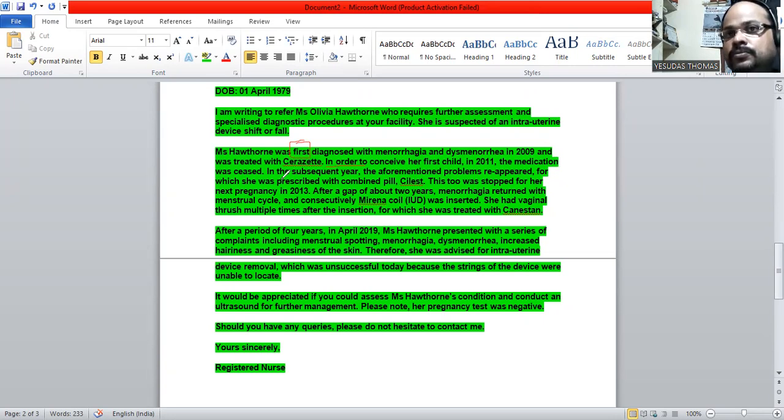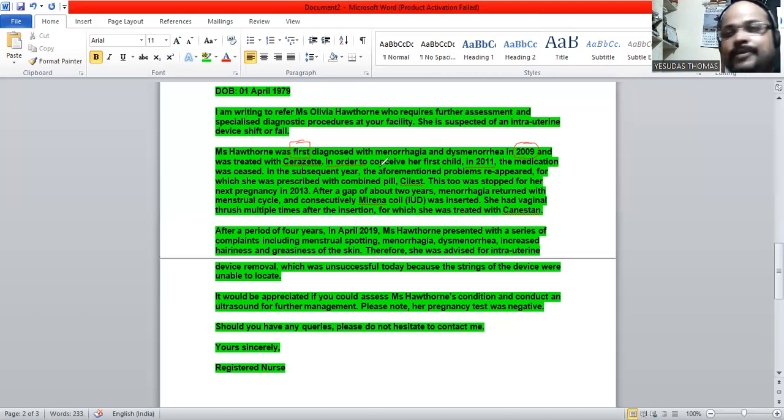So the medication was ceased for what? For conceiving her first child. And when it happened is in 2011. So the problem occurred in 2009, and she was treated for about 2 years.